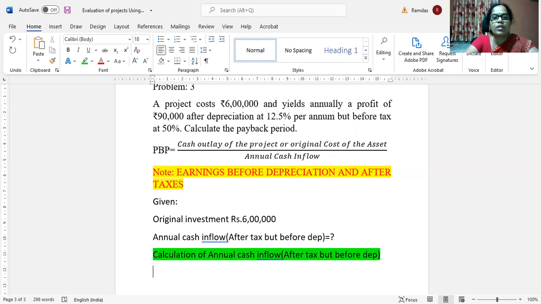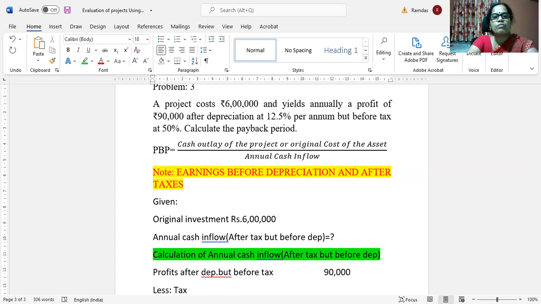So first, what do we take? We need to take the annual cash inflows. In other words, we take it as profits after depreciation but before tax. So given is 90,000. As depreciation is already removed, let us remove the tax.